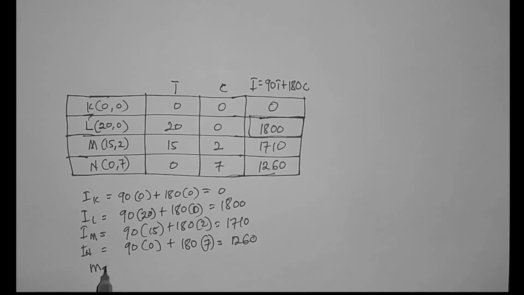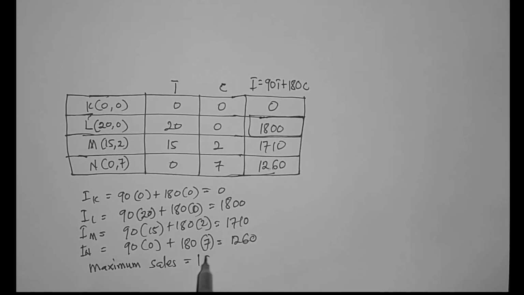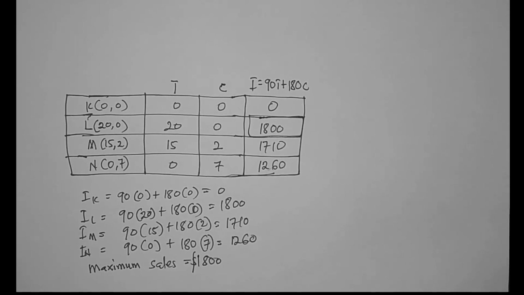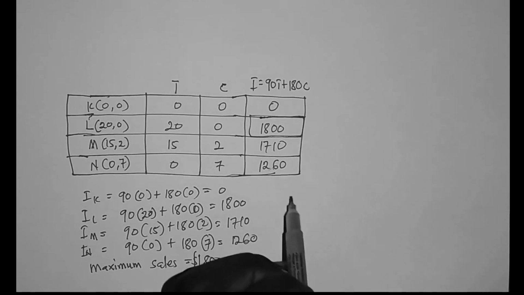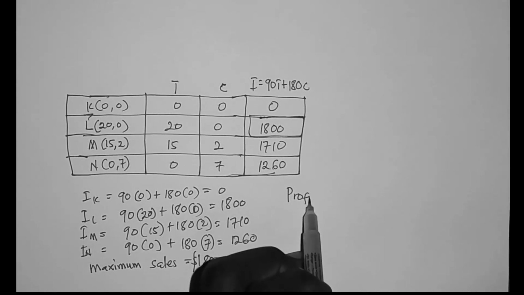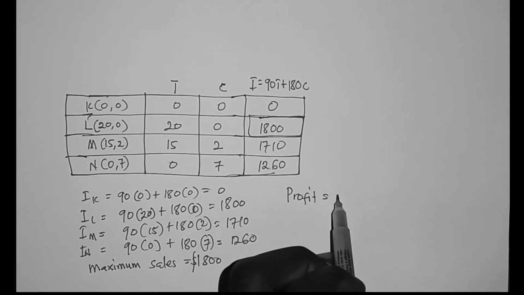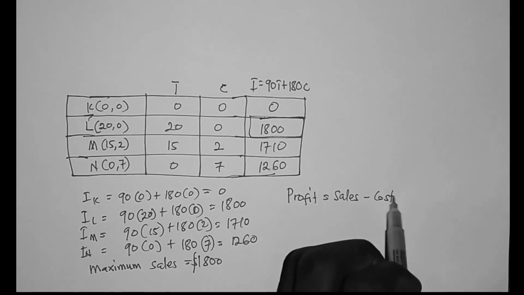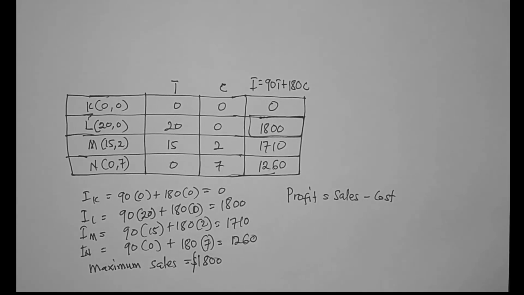Therefore the maximum sales is equal to $1,800. Then according to the question, we should also find the maximum profit. We know that the profit he makes is the sales he makes minus the cost that he incurs in making those tables and chairs.